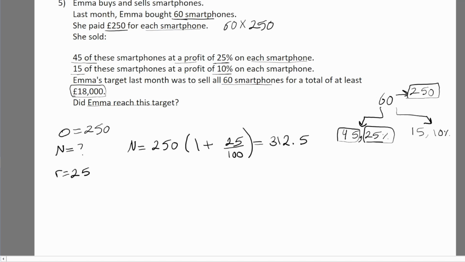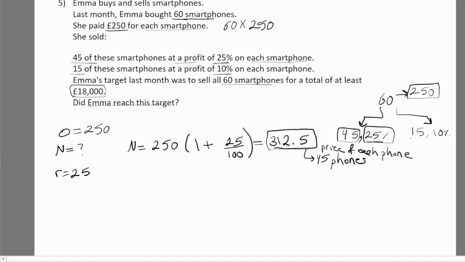We keep this accurately. This is the price of each phone from the 45 phones.